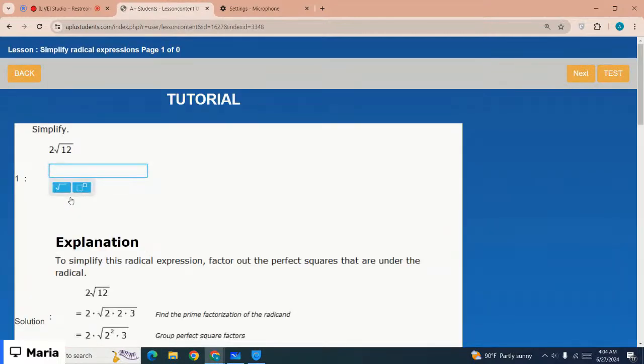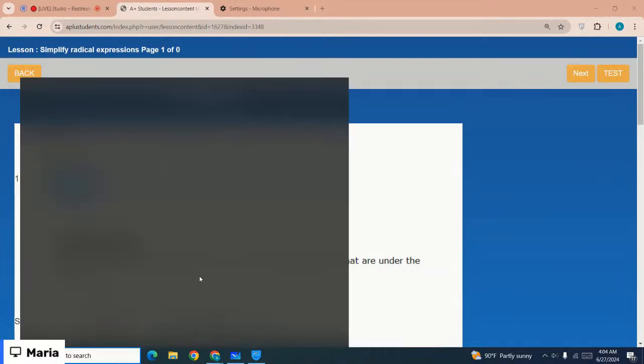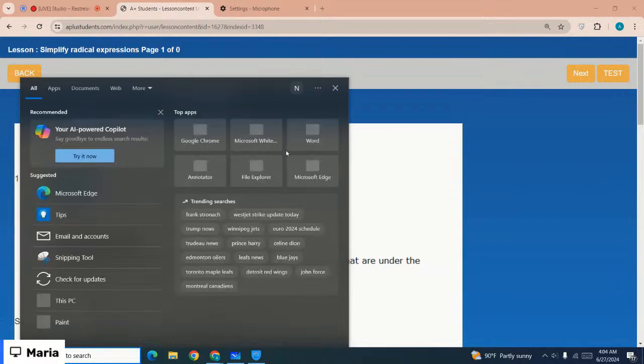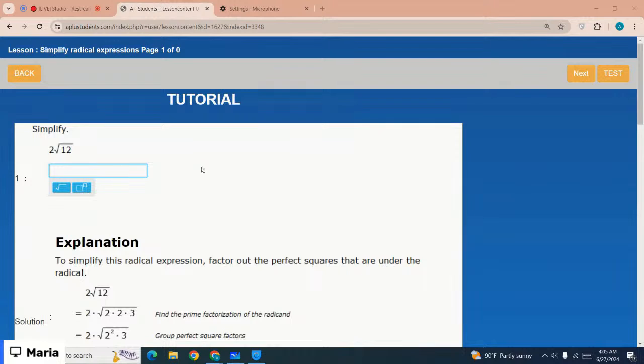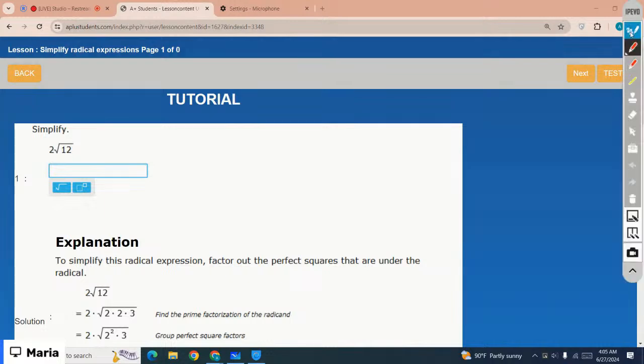Okay, simplify 2 square root 12. You have to simplify the radical, right? So you have to make the prime factorization of the number that is under the radical, or you can say radicand, right?